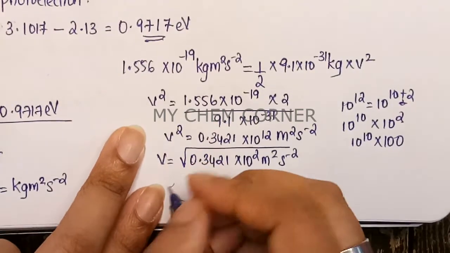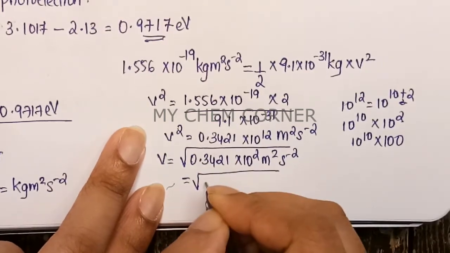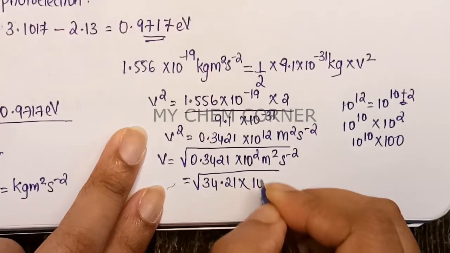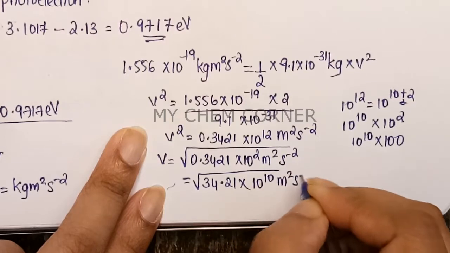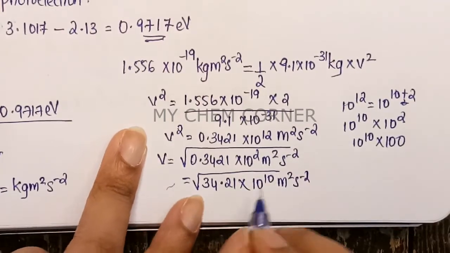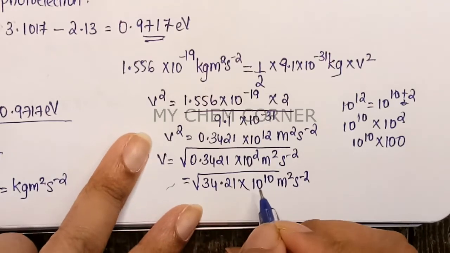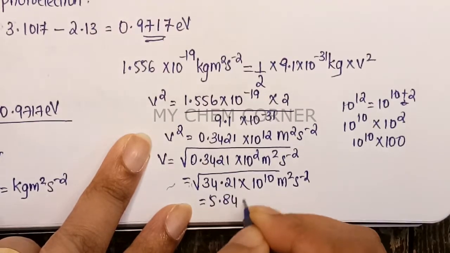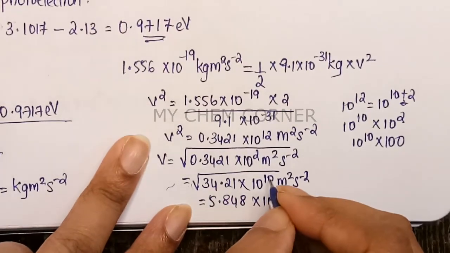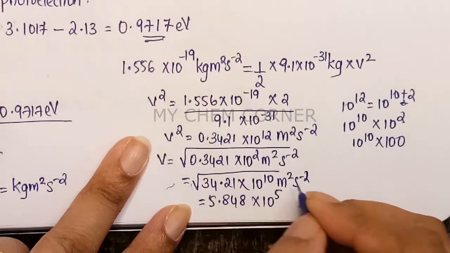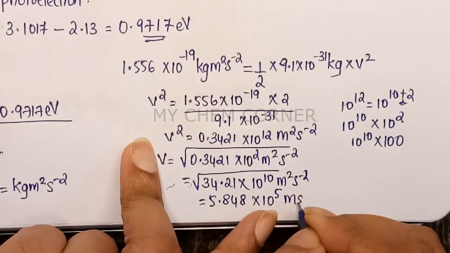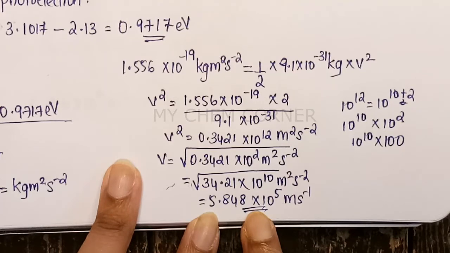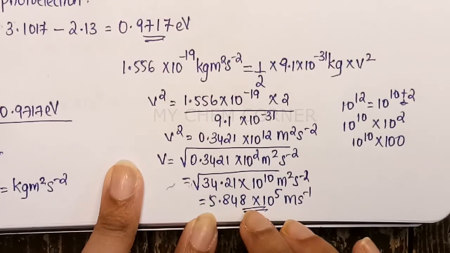So this will be equal to root of 34.21 into 10 to the power 10 meter square seconds to the power minus 2. The reason I did this is to simplify my root here. Now simply take the root of this. This will be equal to 5.848 into 10 to the power 5, since 10 to the power 10 under the root becomes 10 to the power 5. Here all the squares will get cancelled. This will be meter per second, meter seconds inverse. So this is going to be the velocity, which answers the third question, the velocity of a photoelectron.